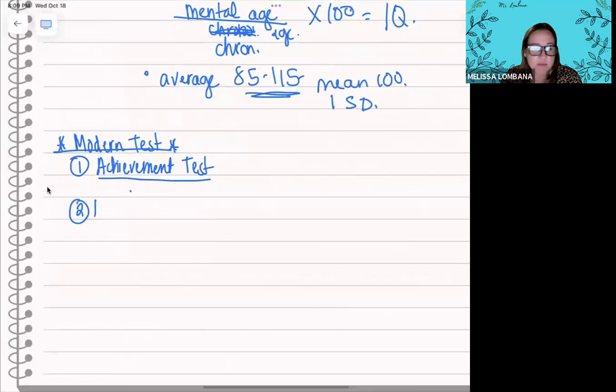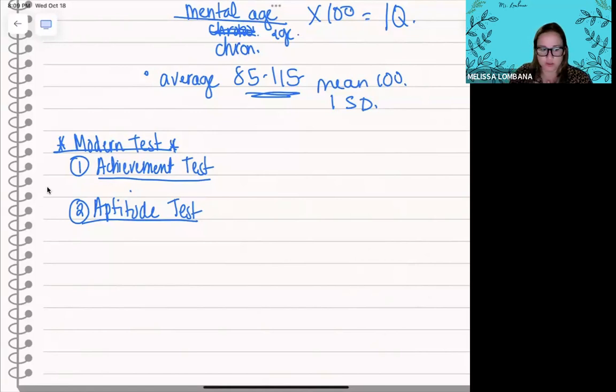Now, the second type is what's called an aptitude test, which is another one that you guys have also been exposed to. An aptitude test, you definitely need to know, predicts your ability to learn a new skill. So it's kind of like a prediction of how you're going to do in the future for that specific skill.